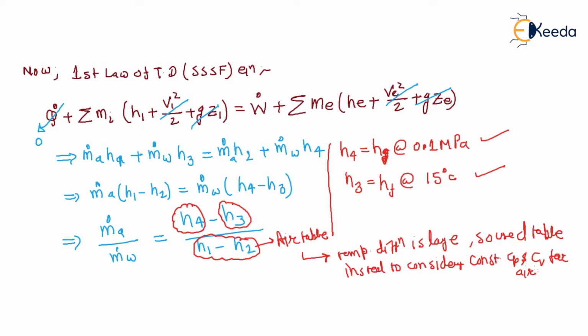Right? If the temperature difference is high, you find it according to the table. So this is your value, 0.1766. Okay.